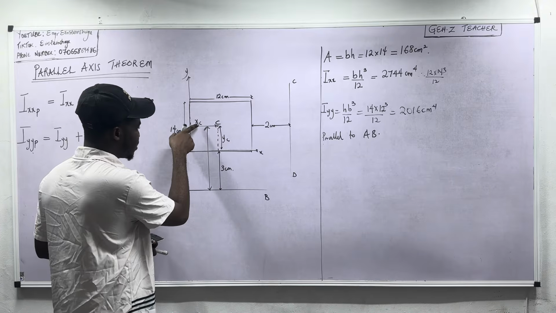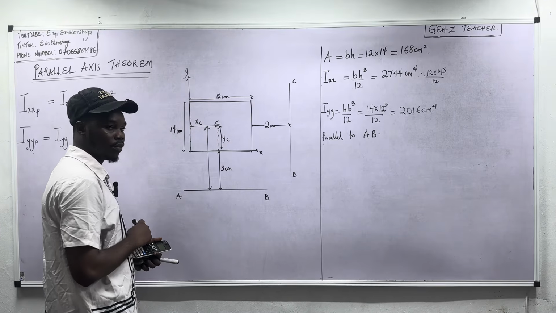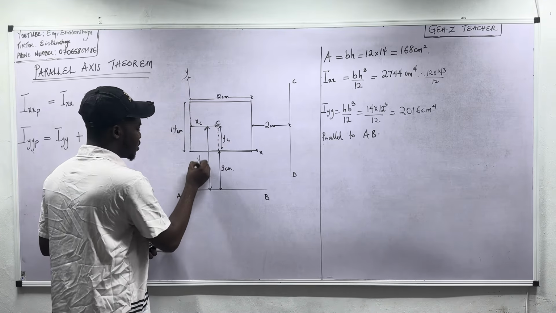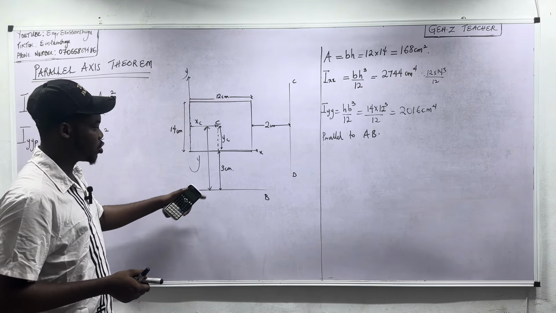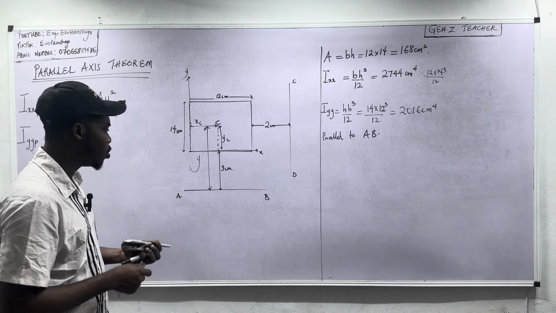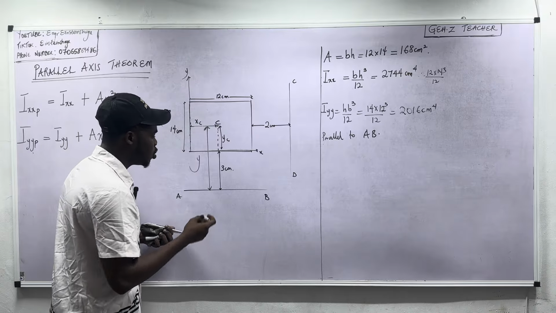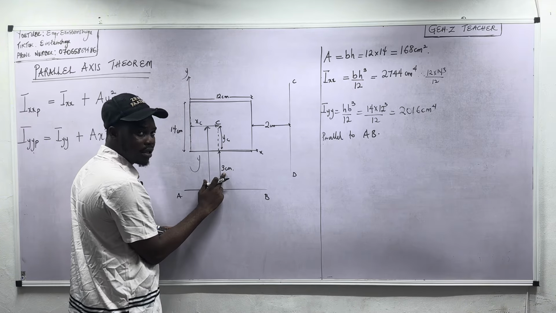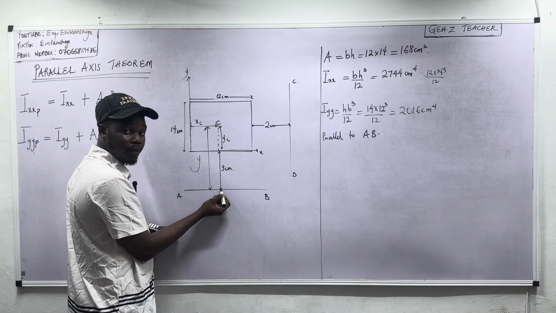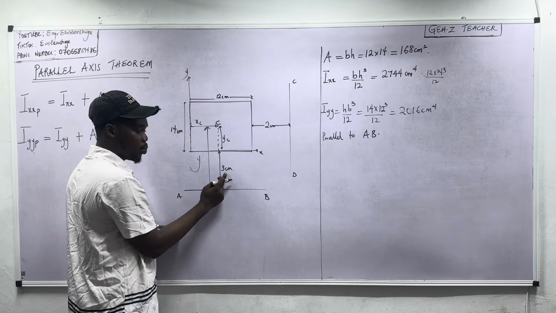So it's from the x centroid to AB. We need this distance, our y. How do we find that value? Looking at the diagram, it's going to be adding the y centroid of this shape to 3. To get from here to here, it's going to be the y centroid plus 3.